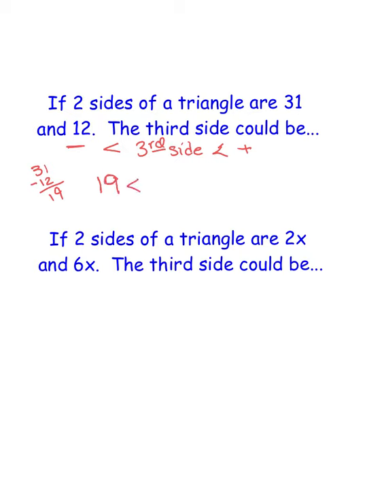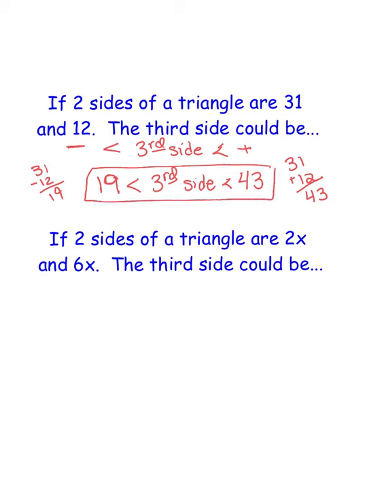And I'm going to add those numbers, so 31 plus 12. And you can do this on the calculator. So my third side would be any number between 19 and 43. It cannot be 19. It cannot be 43. It's got to be less than 43, and it's got to be more than 19.